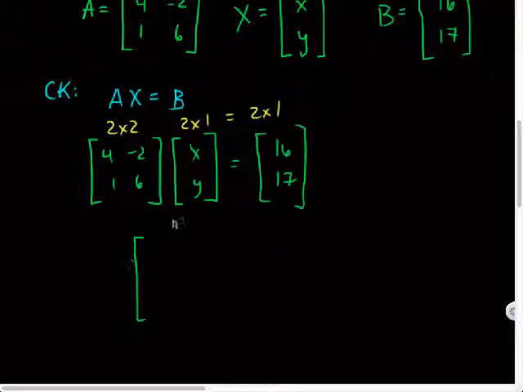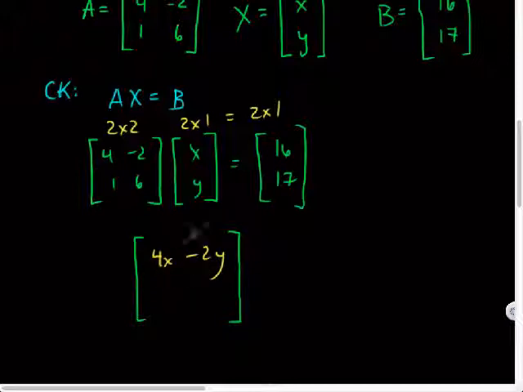My first row, first column element would come as a result of multiplying the first row by the first column. So 4 times x is 4x, -2 times y is -2y, and that would be my first row, first column element. So this is a single element, I want to point out.